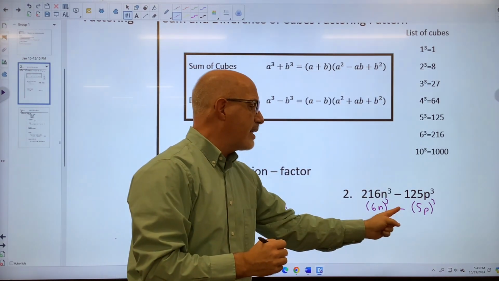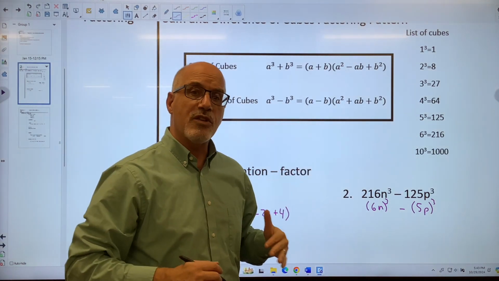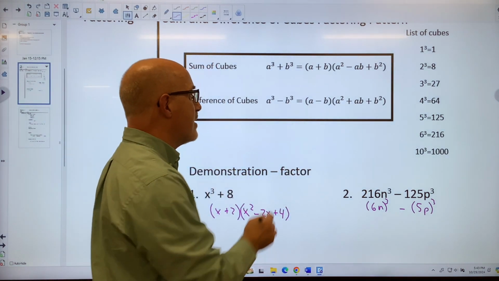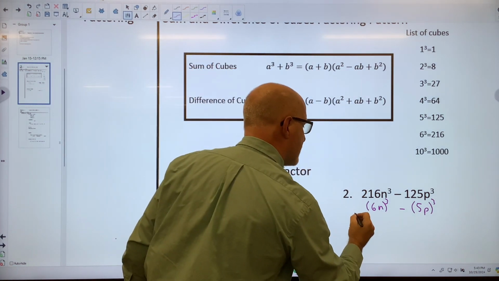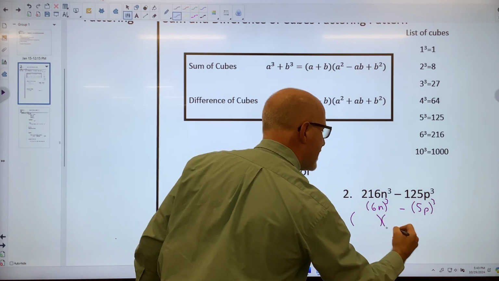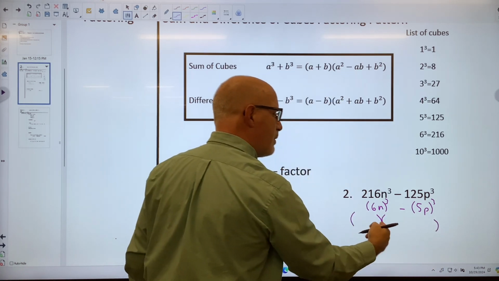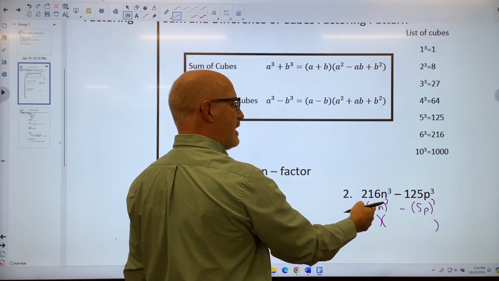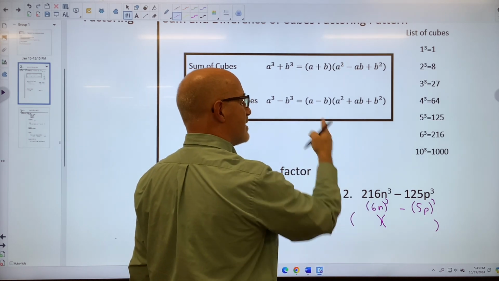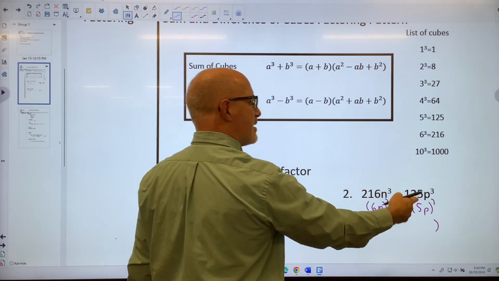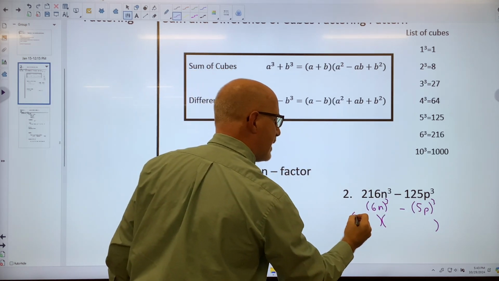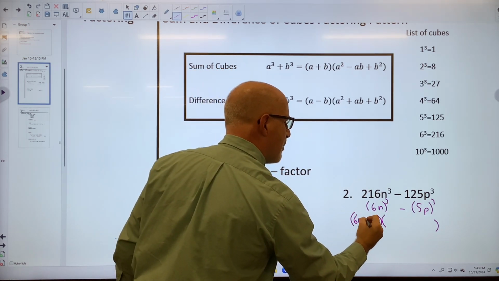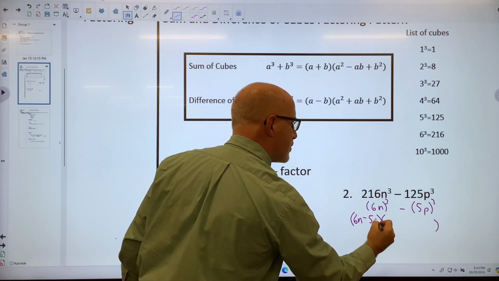I'm also recognizing, since there's a minus in the middle, you've got to use the second pattern. So the first thing I do is put a parentheses, and then we're going to have a binomial parentheses and a trinomial parentheses. We take these two, whatever's being cubed, 6n, and we're going to subtract the second one being cubed, the 5p. So 6n minus 5p for the first one.